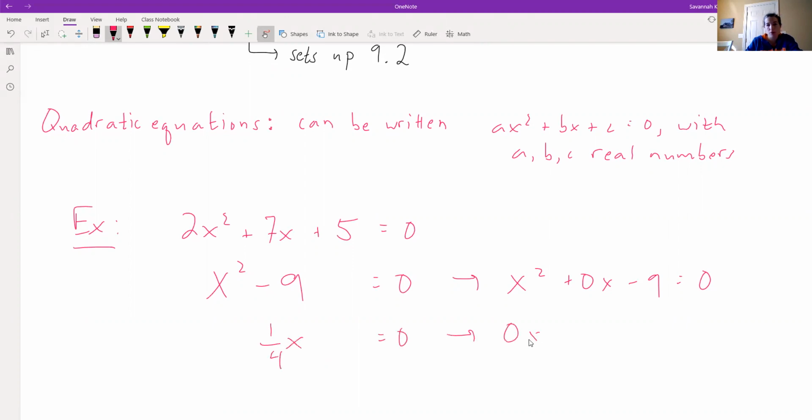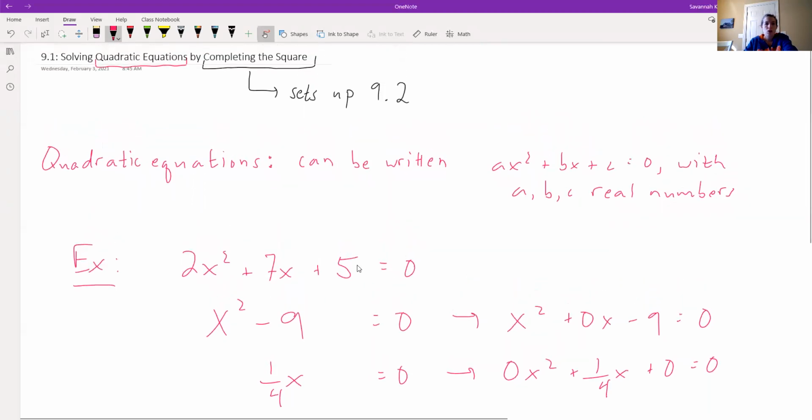Also fits the formula because then we have 0x squared plus 1/4 x plus 0. 0 being a real number always opens up all kinds of possibilities with how we can format things. Okay, so these are quadratic equations, and right now, notice that we're going to be solving them.